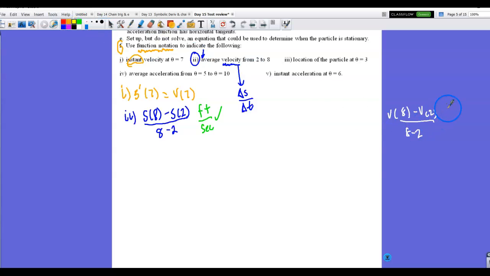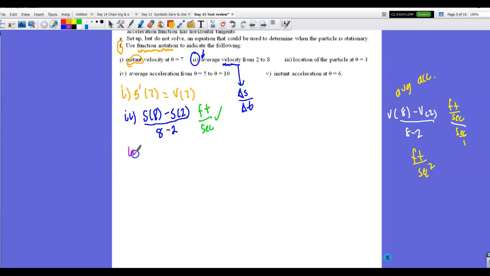The units of velocity in the numerator would be feet per second, and the units in the denominator, the 8 minus 2, is time, so that would be seconds over 1, and so the units would be feet per second squared, which is a measurement of acceleration. And I did not want that. It is an average, but it's the average acceleration. Be very careful with that.